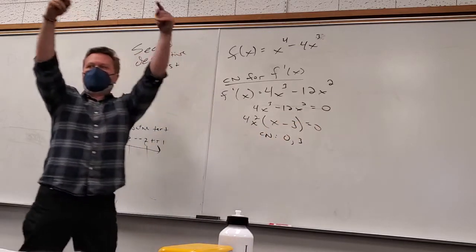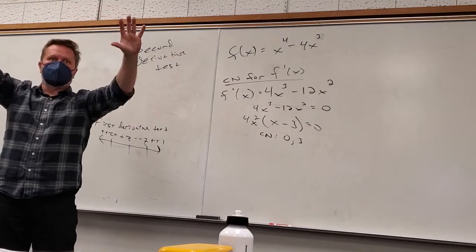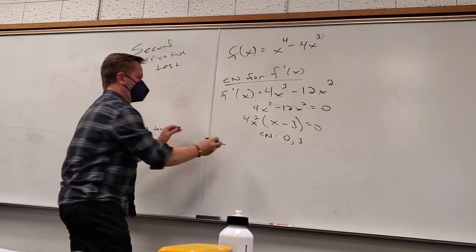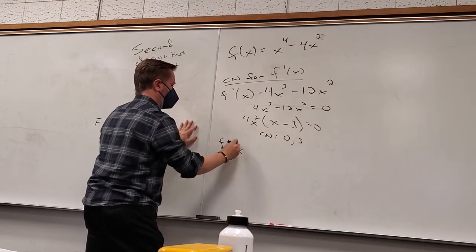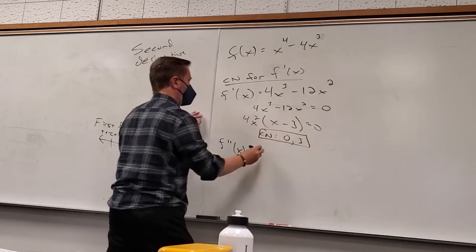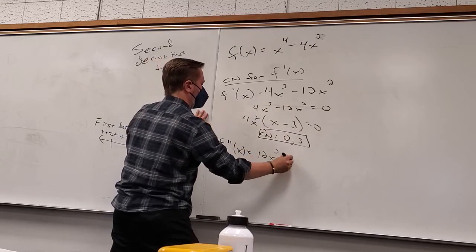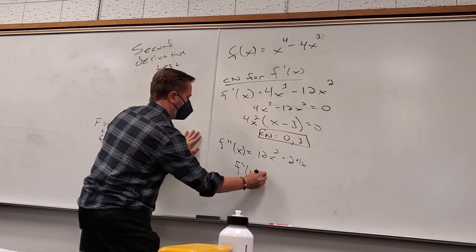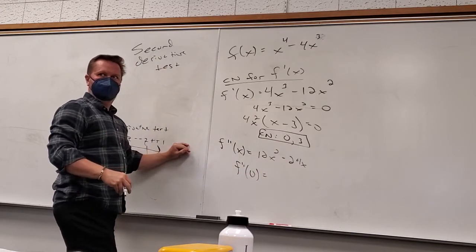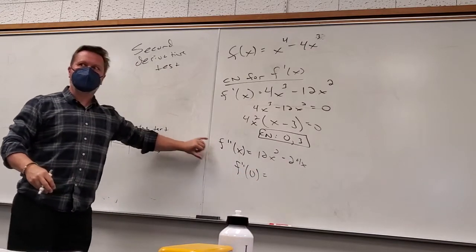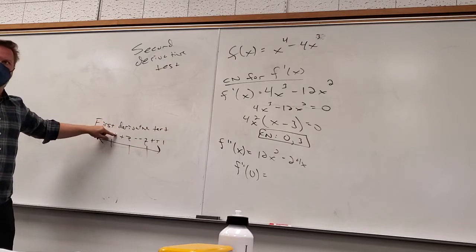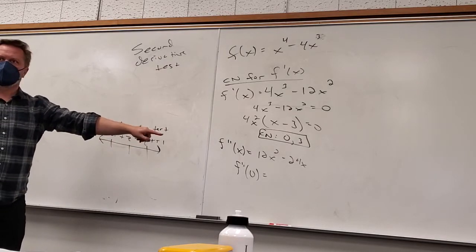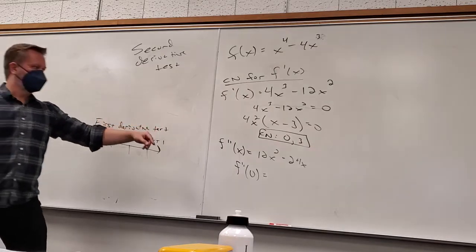Now this is where we would normally do the number line. But look at the second derivative. Is the second derivative difficult? No. What is the second derivative? 12x squared minus 24x. Now watch this. In place of the sign diagram, I could just do the second derivative test.